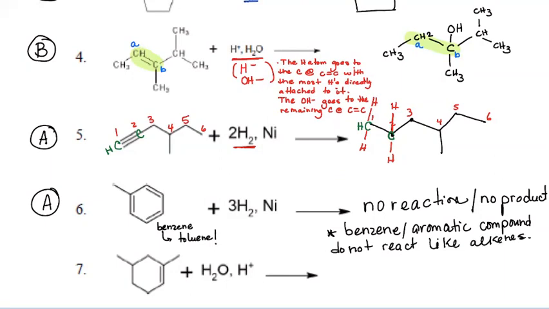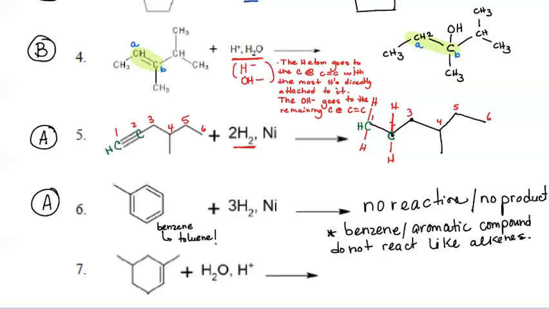They have their own set of reactions. They are actually called substitution reactions. So do not assume that benzenes are going to react like any of the reactions that we do with alkenes. They don't. In this class, we don't go into the substitution reactions that benzenes undergo, but understand that they do not react like alkenes.